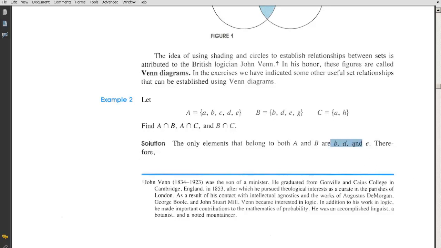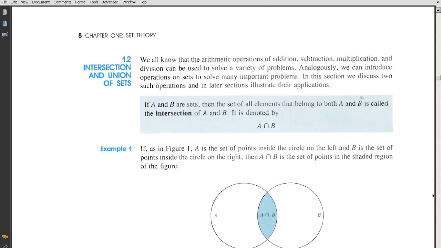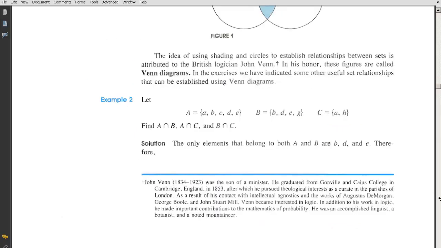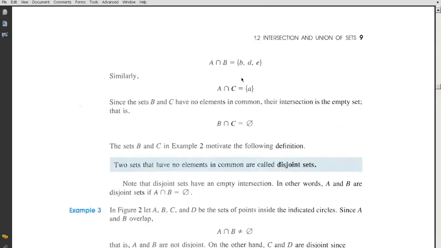Yeah, B, D, and E. By the way, this kind of picture is called a Venn diagram, and it was named after this person. Okay, so that's called a Venn diagram. Anyway, the intersection is B, D, E.